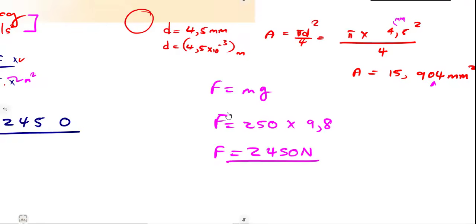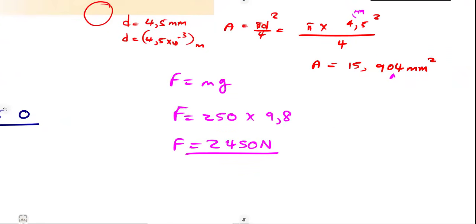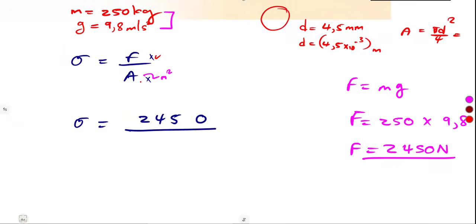That is why we must convert this, multiply by 10 to the exponent of -6, like I said before. So you just take it as it is, 15,904 times 10 to the exponent of -6. Multiplying by 10 to the exponent of -6 is converting to square meters.